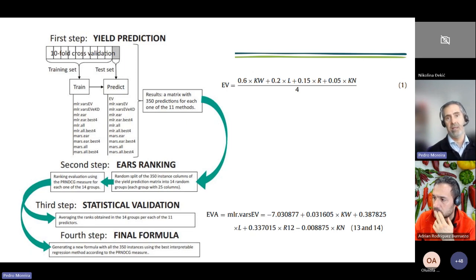For instance, if they want to select smaller ears, it means that they will lose yield.